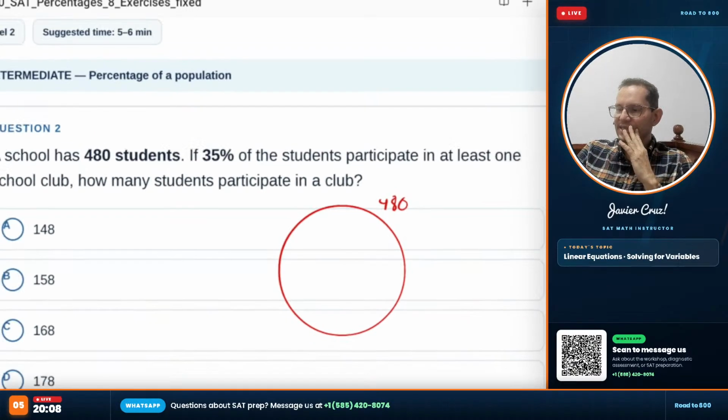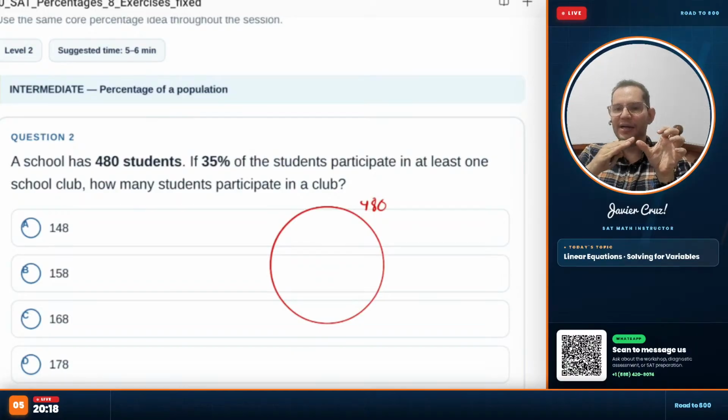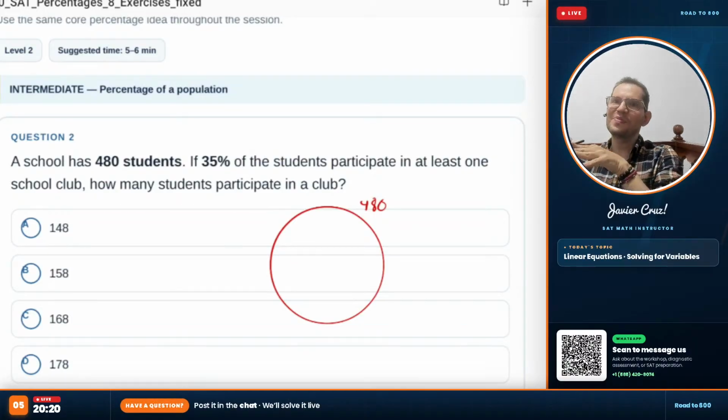And look at this, that I don't read all the problem and then I try to solve it. No, I'm always reading the problem and instantly I'm solving the problem. Why do you think? So I'm saving time doing that.